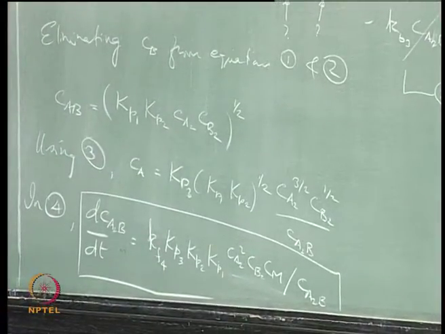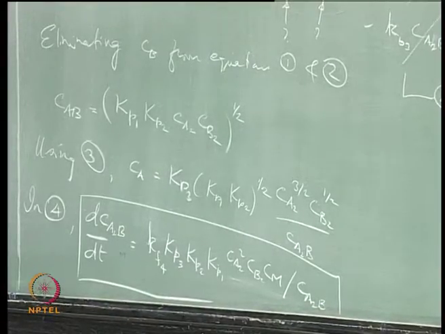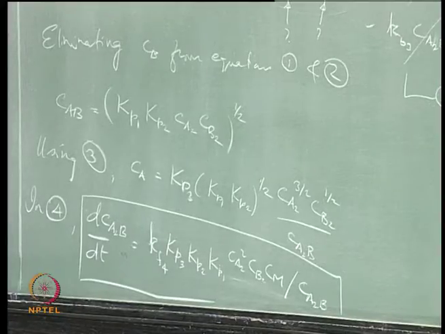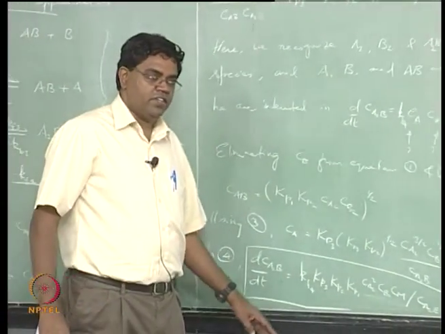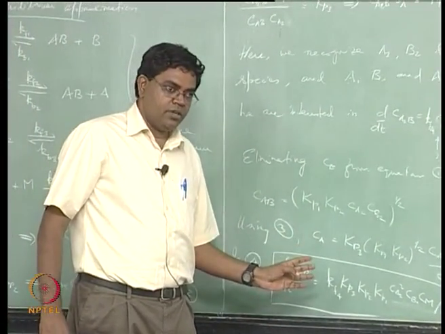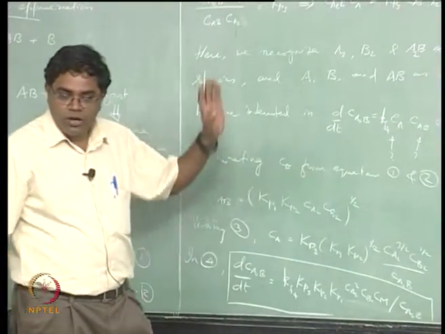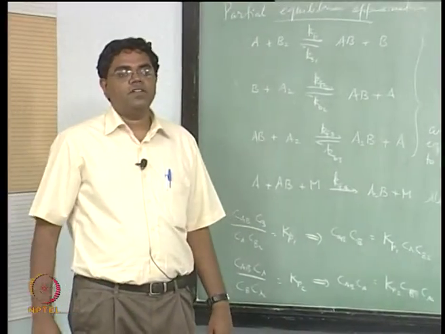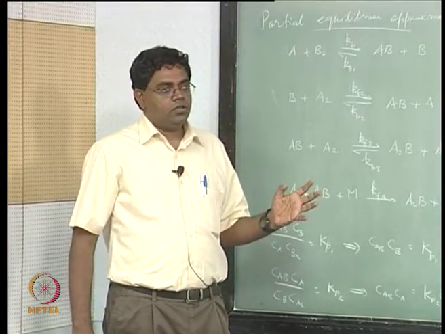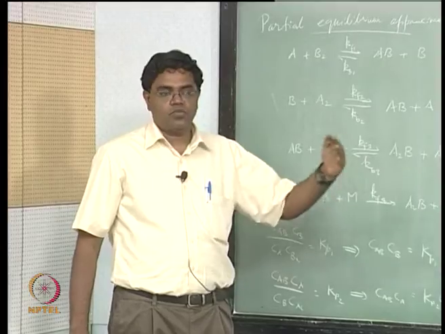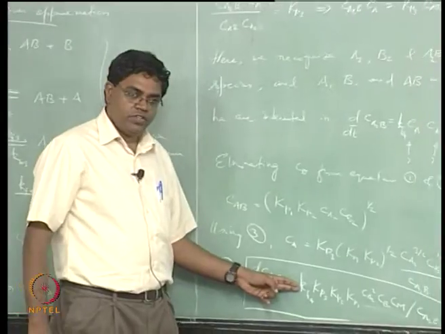I just worked it out for you, so you should now know how to do these things, right? So look at what has happened. We now got an answer based on the stable species, which is a little bit more surprising than what you would have expected for a global reaction, which is, first of all, it is going as a square of A2. So you might argue, let me write the global reaction as, instead of A2 plus half B2 gives A2B, twice A2 plus B2 gives twice A2B, but then that would have meant that I need to have a 2 here, which I don't.